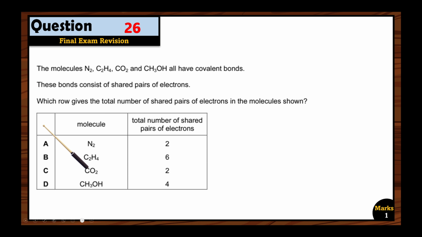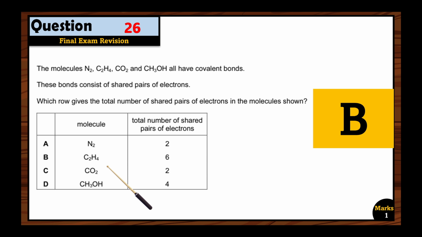If you see N2, it makes a triple bond, right? So it means it will share three pairs of electrons. That's wrong here. Now let's come towards C2H4. If you see here, how many pairs of electrons are shared here? Actually, one C is making two bonds with hydrogen, right?